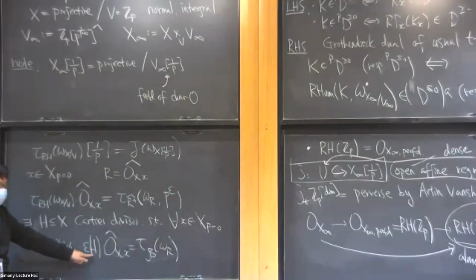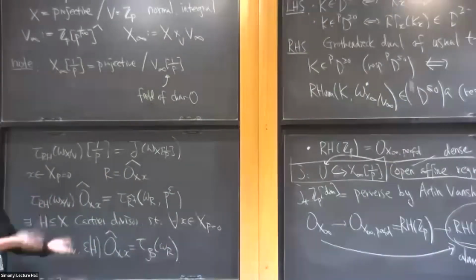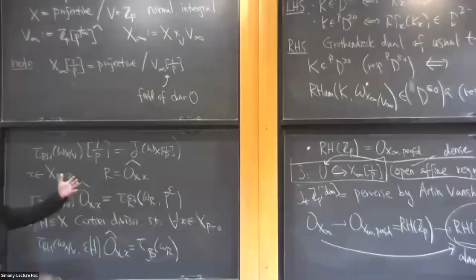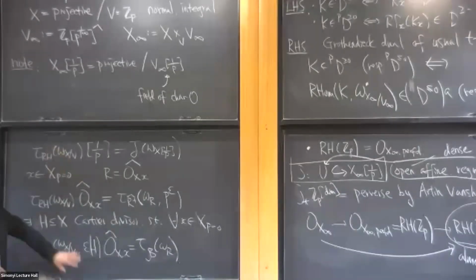Let's say H is defined by some element to the epsilon power. Of course, that element may not exist in X, but you take a finite cover, do the construction there, and then push forward. That's how you define it. I'm sorry, I don't have time to define this for pairs, but there's only one way you would expect it to go.